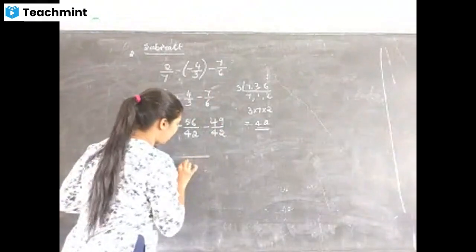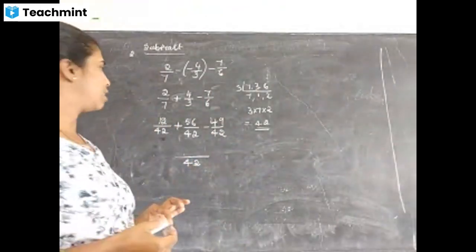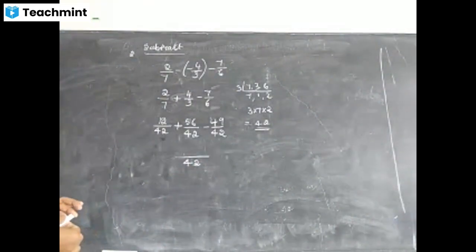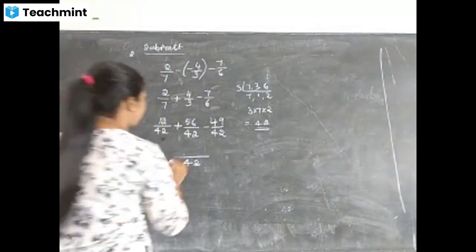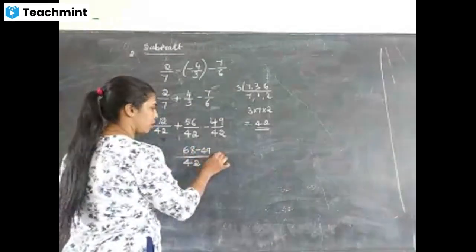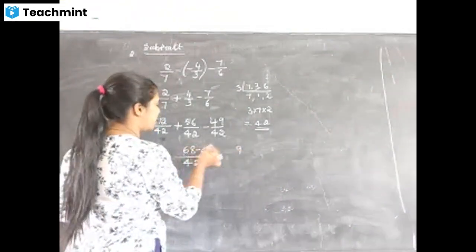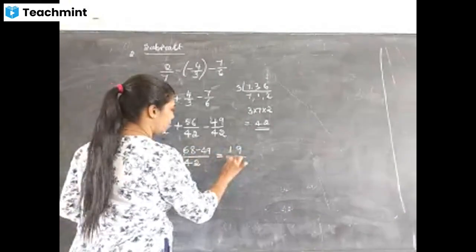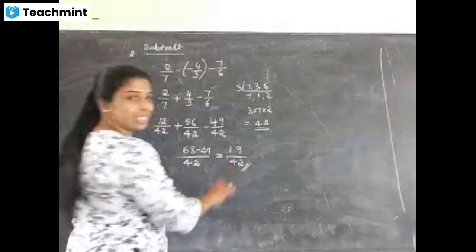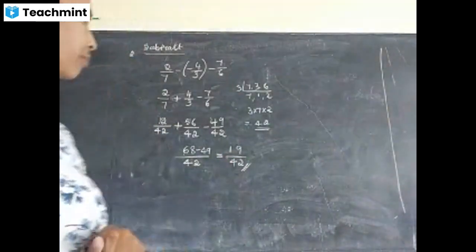Now the denominator is 42: 12 plus 56 is 68, minus 49. 68 minus 49 is 19. This is the answer.